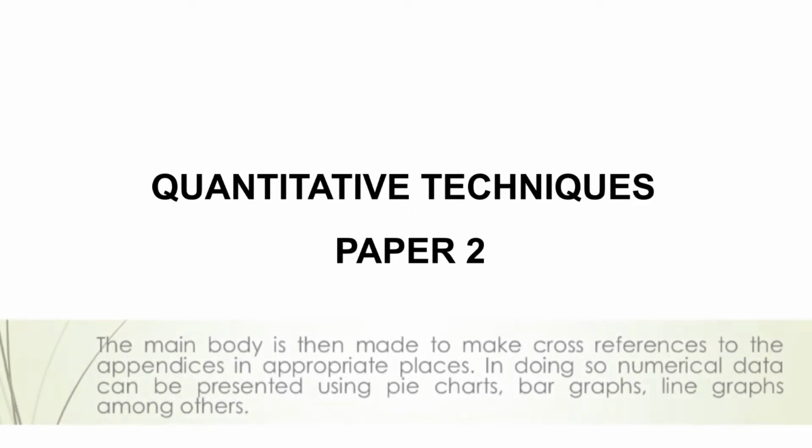When you are writing a good report, you need to have summaries made in the report. Then here we are saying to keep the main body of the report short enough to hold the reader's interest. Detailed explanations are put in appendices, and then cross referenced with the main body.